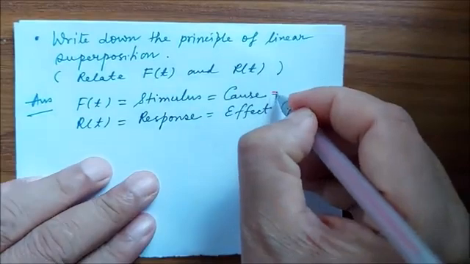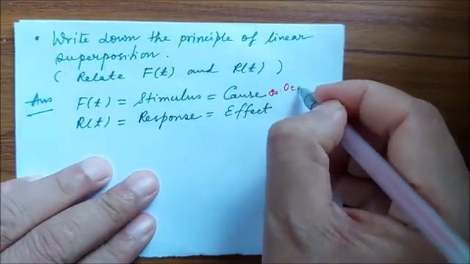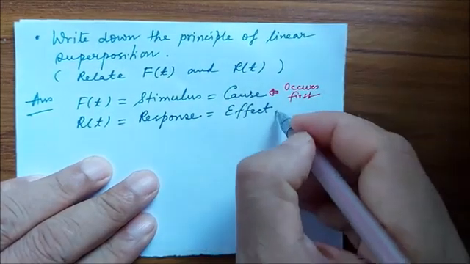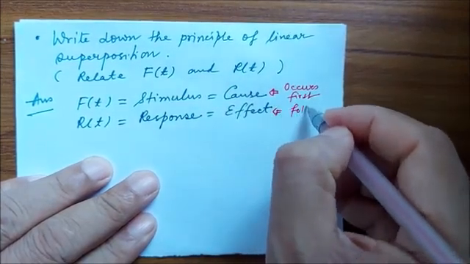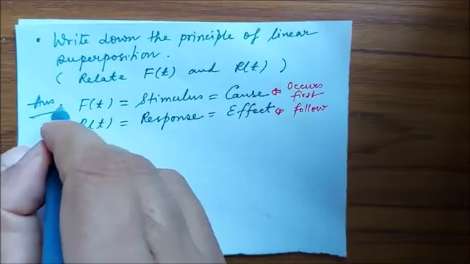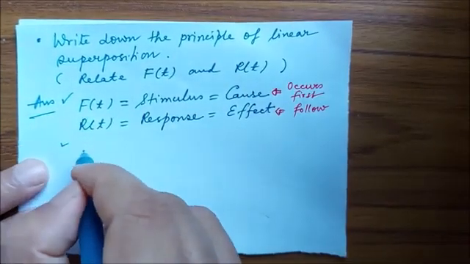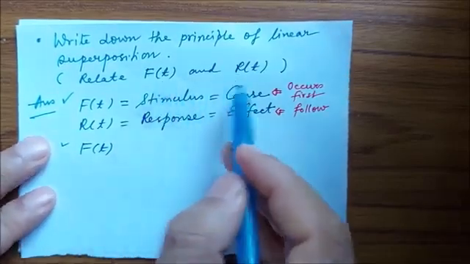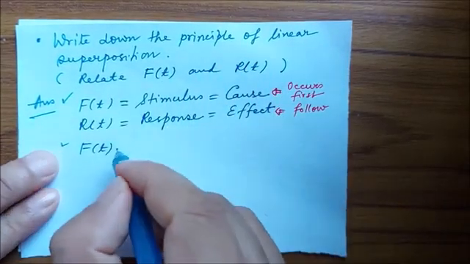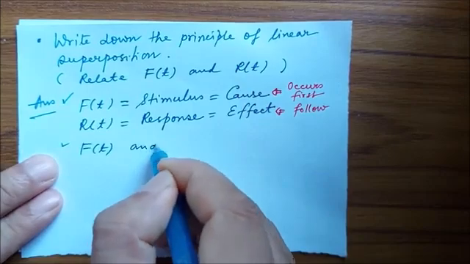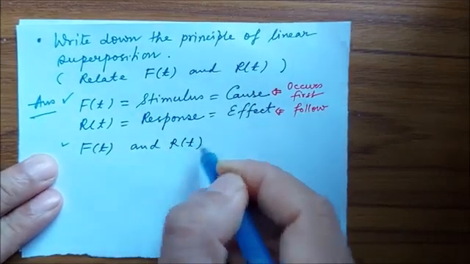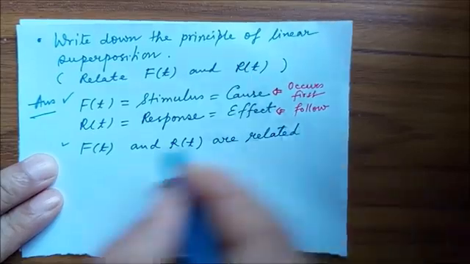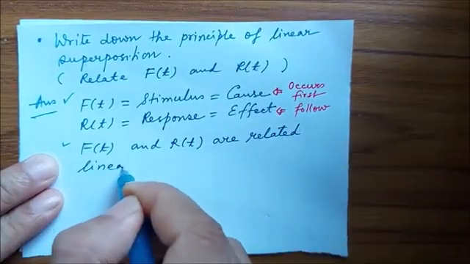Clear that cause occurs first and the effect will follow. Second point is, we have to interrelate them through the principle of linear superposition. So f of t and r of t are related linearly.